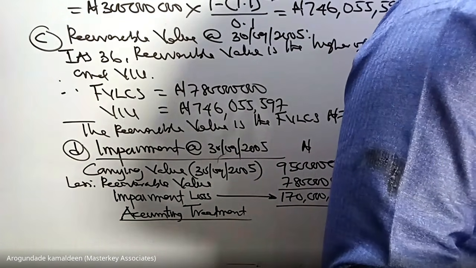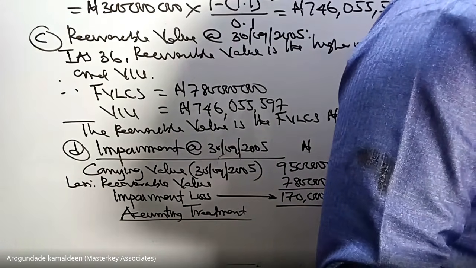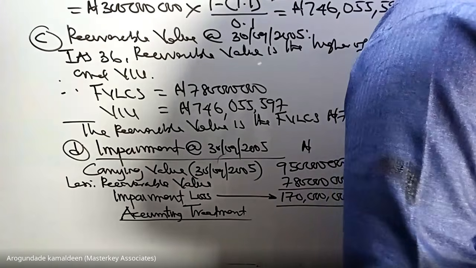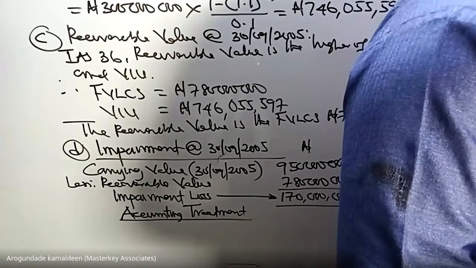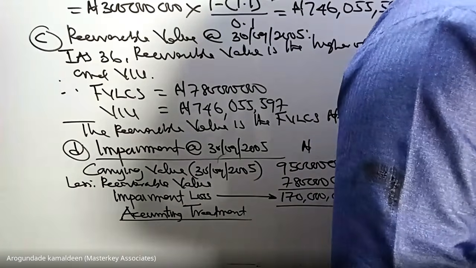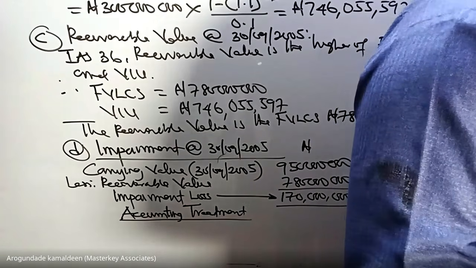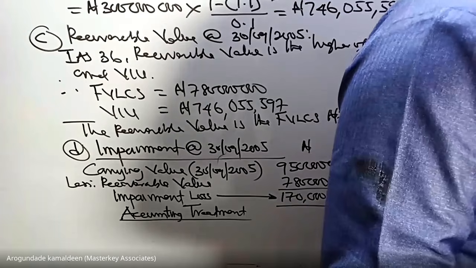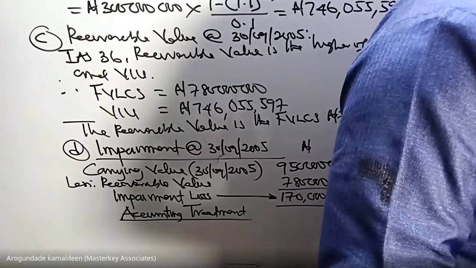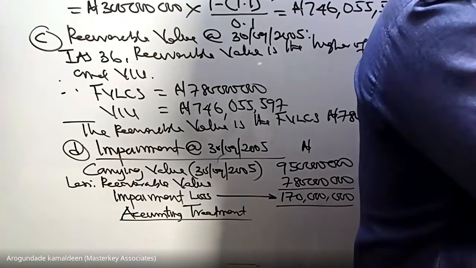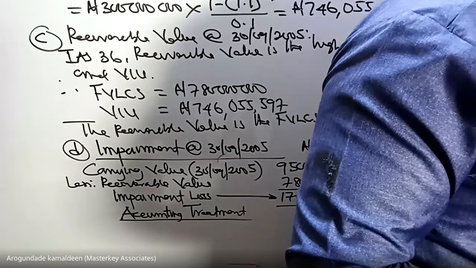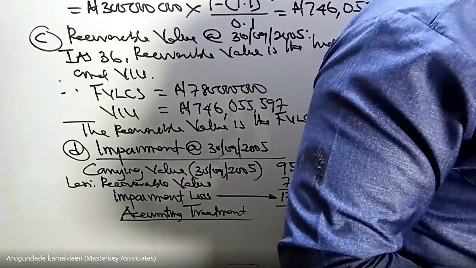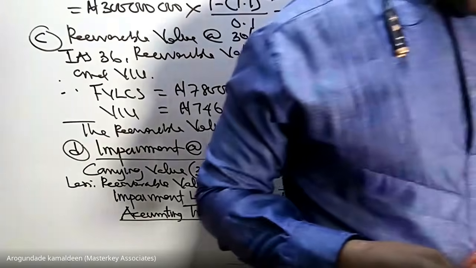And 25 million of this surplus relates to this particular asset. So it means the whole 60 million surplus is not for this alone. I am trying to fish out my own from the material.